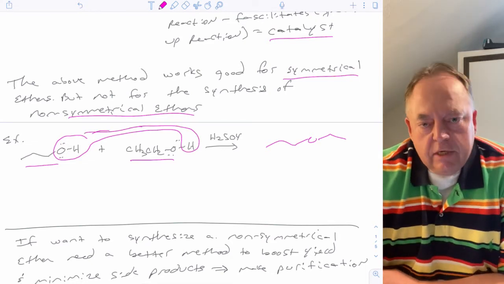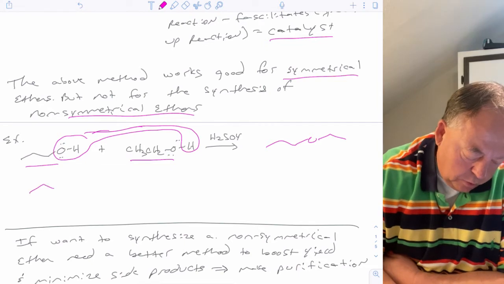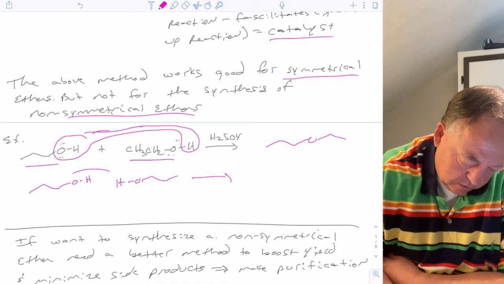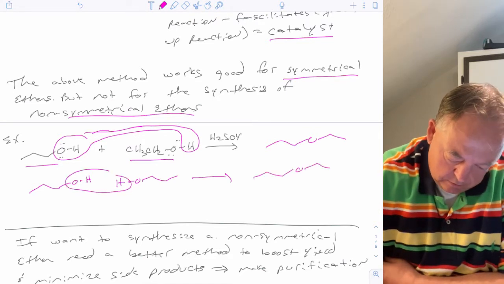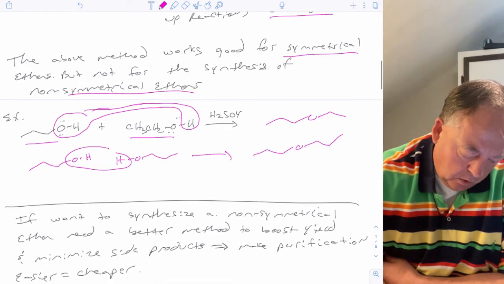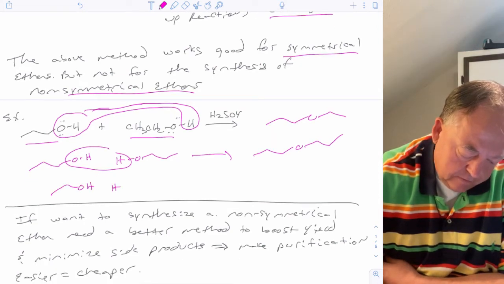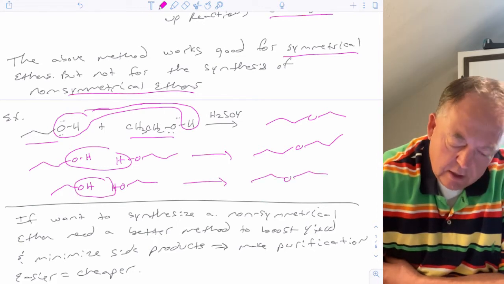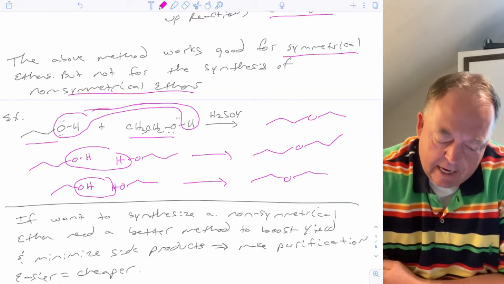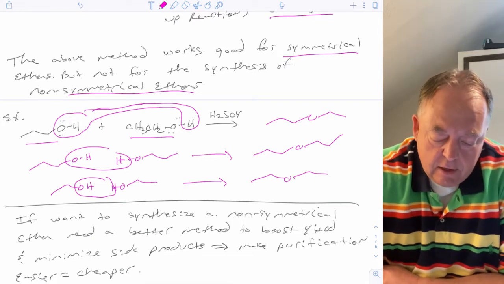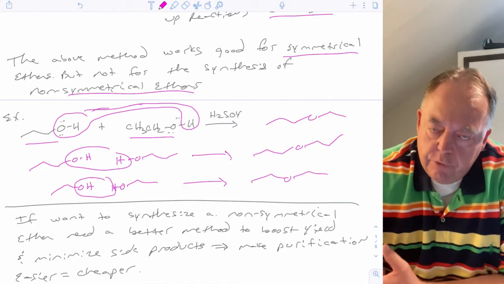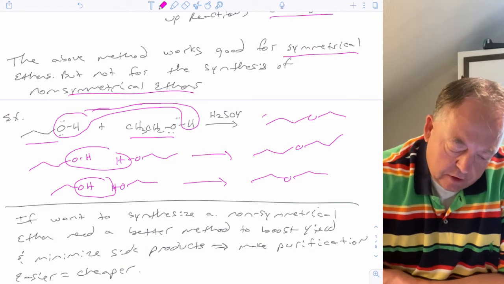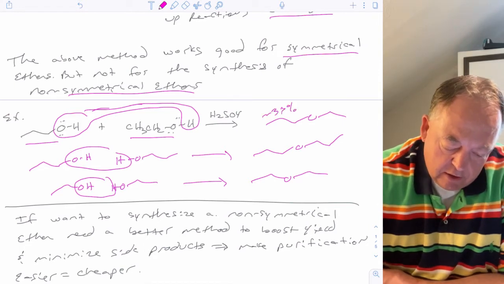But the problem is you would get other ethers formed because two propanols could react with each other, and you can make dipropyl ether, or two ethanols could react with each other, and you would make diethyl ether. So you can make diethyl ether, dipropyl ether, or you could make ethyl propyl ether. So you would get a mixture of all three, and you would expect to get about a statistical mixture. So you would expect around a 33% yield of each.